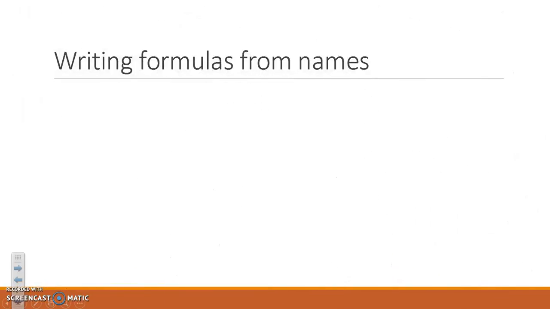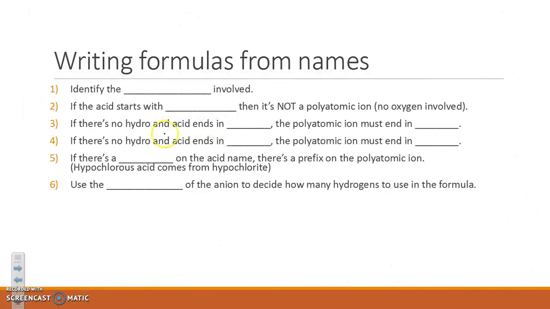Okay, how do we write the formulas from the names? Well, we identify the elements involved. We have to see what's attached to the hydrogen. If the acid starts with hydro, if the name of it starts with hydro, then it's not a polyatomic ion. That means it is a non-metal on the periodic table, not a polyatomic ion.